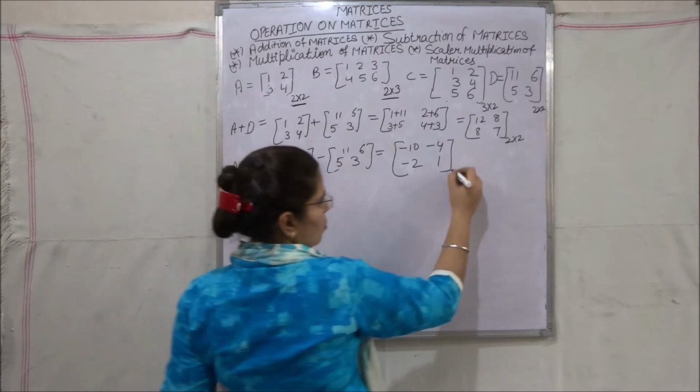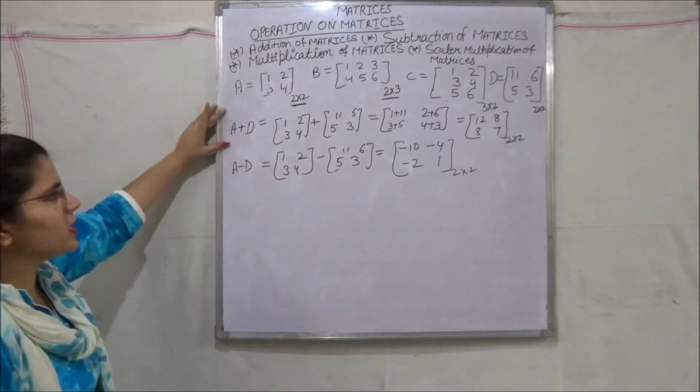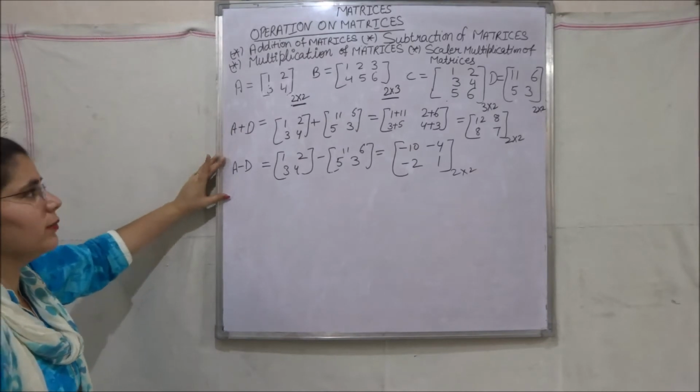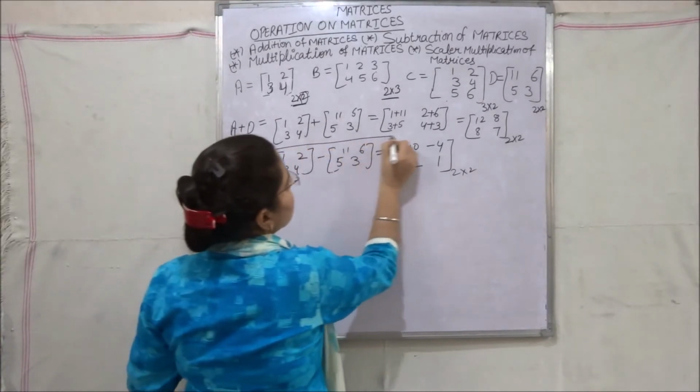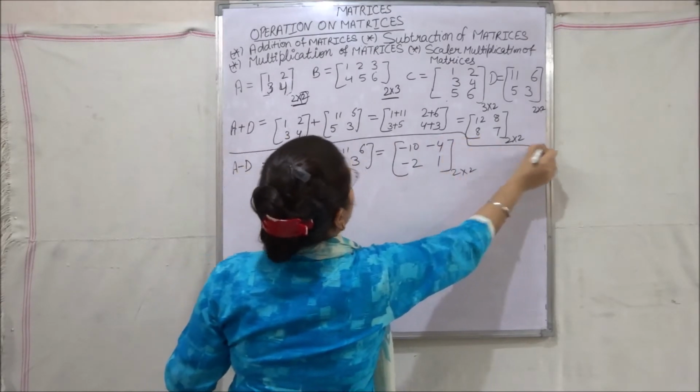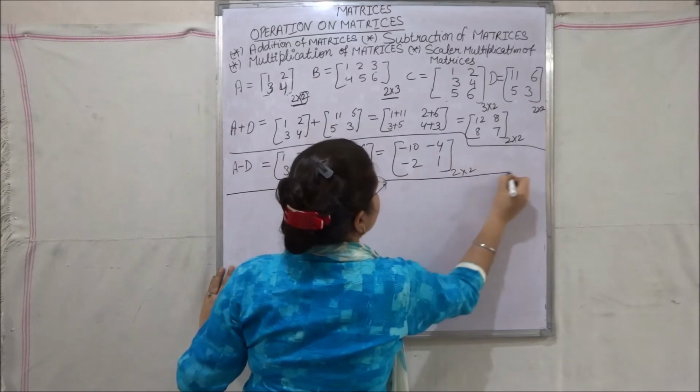So it is also a 2 cross 2 order matrix. In this way addition and subtraction is done. Now we have solved the addition of two matrices and then the subtraction of two matrices.